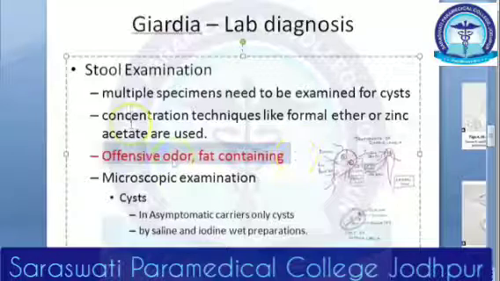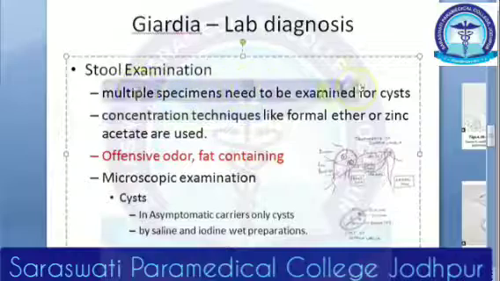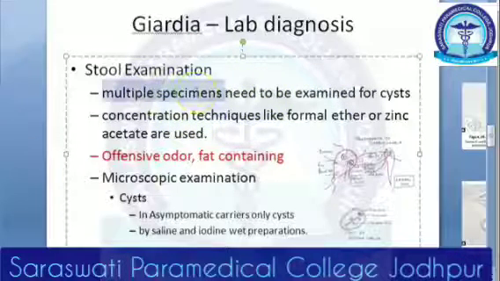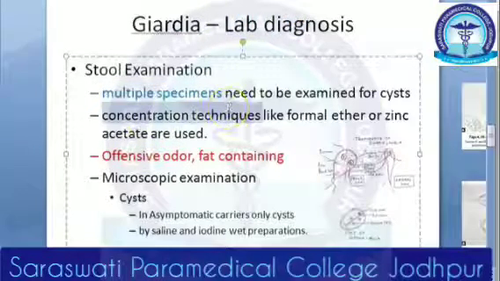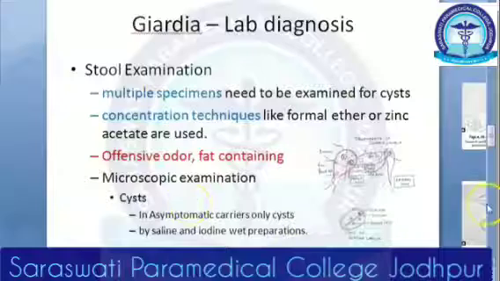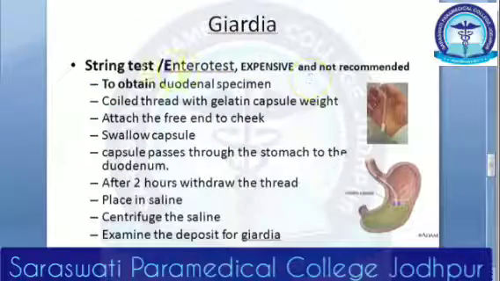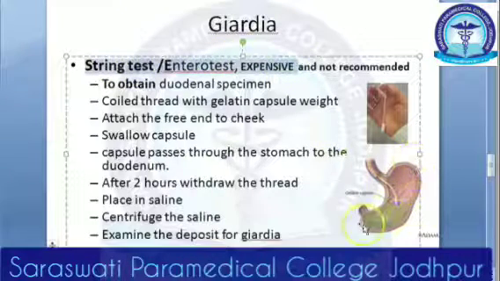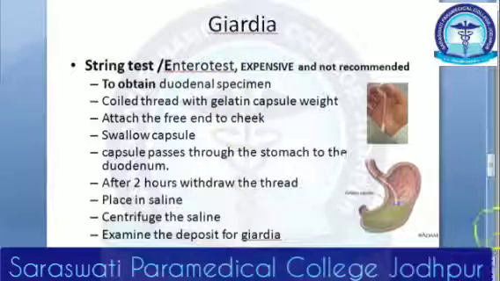So you need multiple specimens of the stool and you can use concentration techniques to concentrate the stool. You will use saline mount, wet mount, etc. String test or Entero test is to reach the duodenum and get some duodenal specimen. We have explained this in detail to you already.